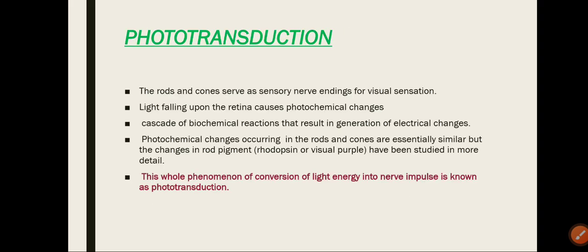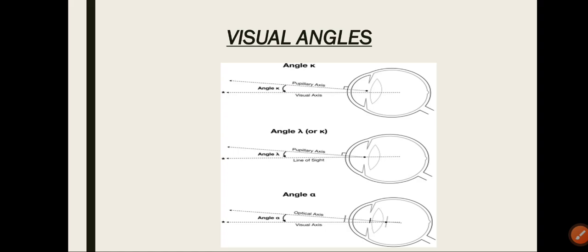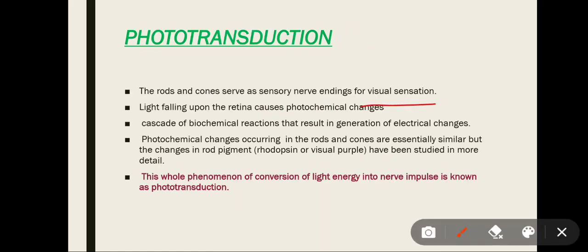Let's go on to phototransduction. The rods and cones serve as sensory nerve endings for visual sensations. The light falling on the retina causes photochemical changes, a cascade of biochemical reactions that results in generation of electrical changes.